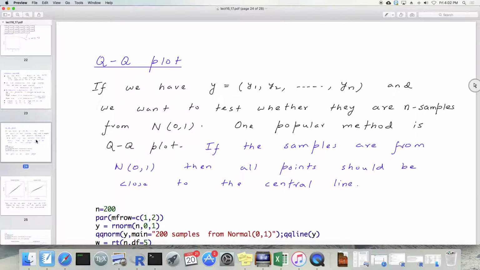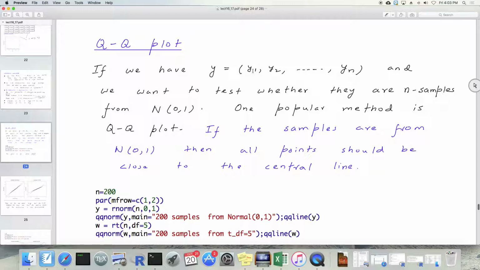Our next topic is the QQ plot. It can be used in many situations, but we'll use it in only one particular situation. It's like this. Suppose y1, y2, ..., yn have nothing to do with the previous y's.